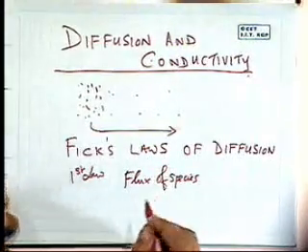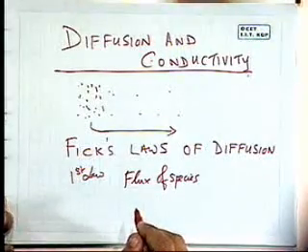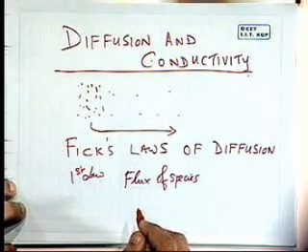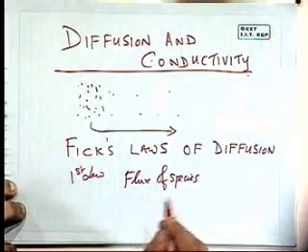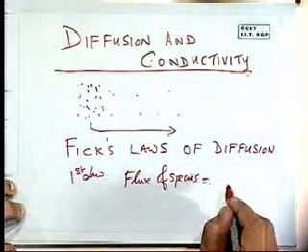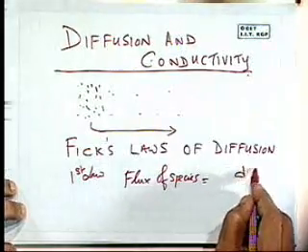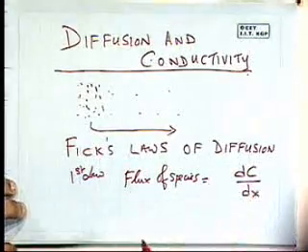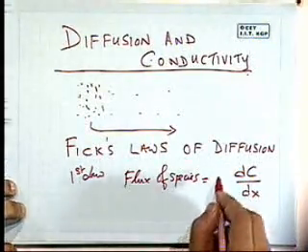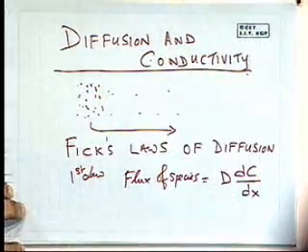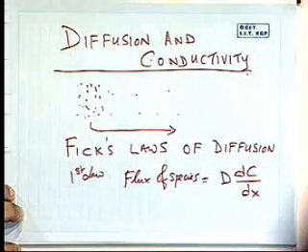when we use the word flux, we are talking of what? Something per unit area, per unit time. So the flux of the species, the number, is going to be proportional to the concentration gradient, the proportionality constant being the diffusion coefficient.